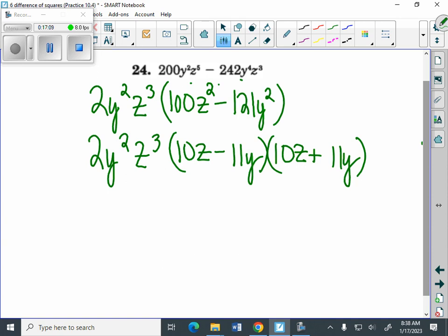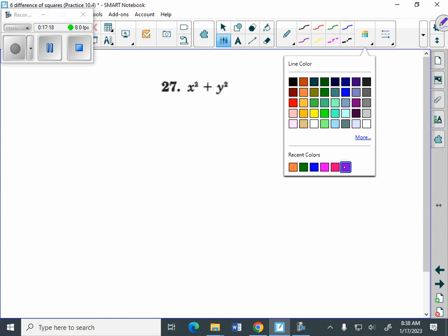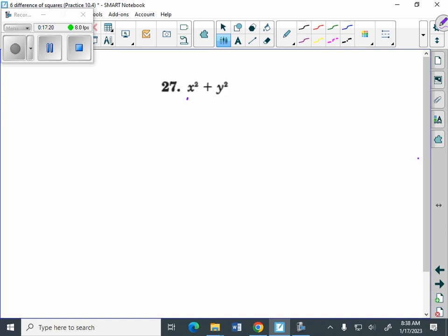And hopefully you're getting the hang of it as we keep going here. When we look at problem 27, what we see is we have 2 terms. This time we have a plus. That's different from all of the problems that we've done.